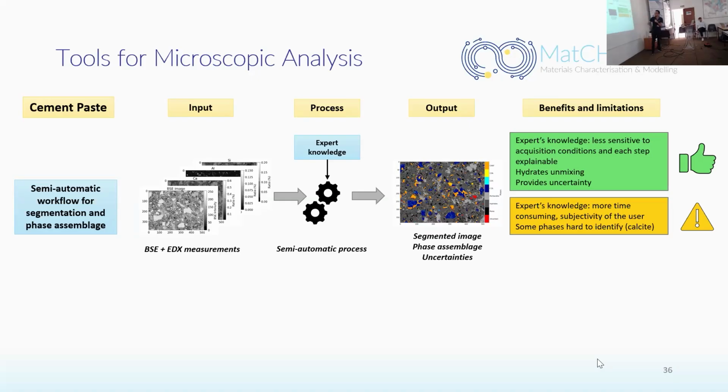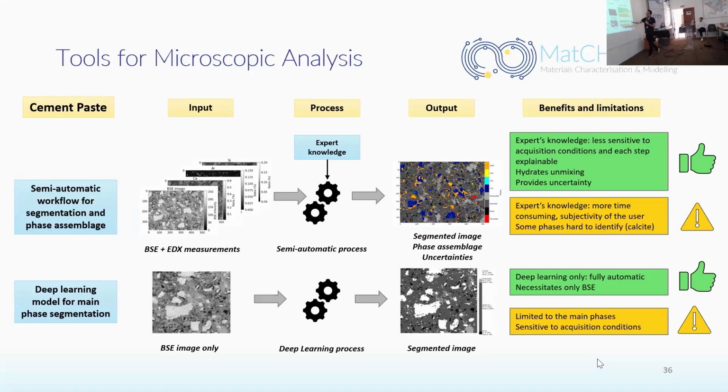We can provide some uncertainty and some new features that are interesting for cement analysis, such as a specific analysis for the hydrate phase. One maybe limitation is that it's expert based, so it's more time consuming than a fully automatic workflow, and there is some possible subjectivity of the user. So this is one specific limitation here.